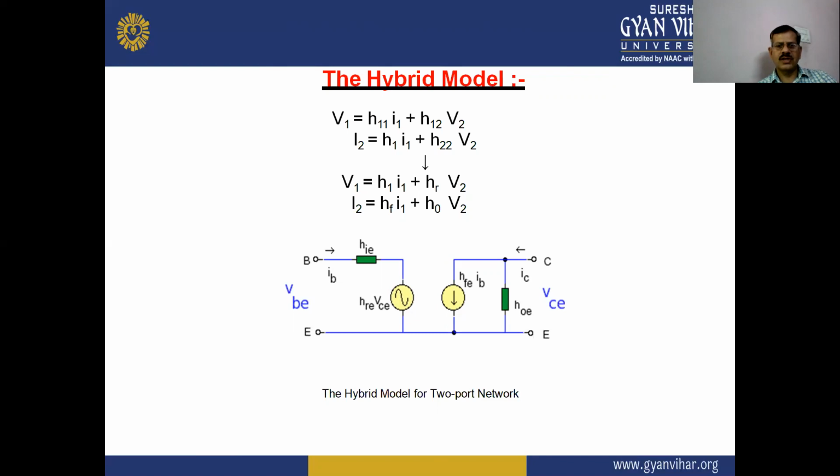And also we can write these equations as V1 equal to hi I1 plus hr V2, and also I2 equal to hf I1 plus ho V2. So these are the two hybrid equations for the two-port network. That is the two-port network hybrid model of the transistor.